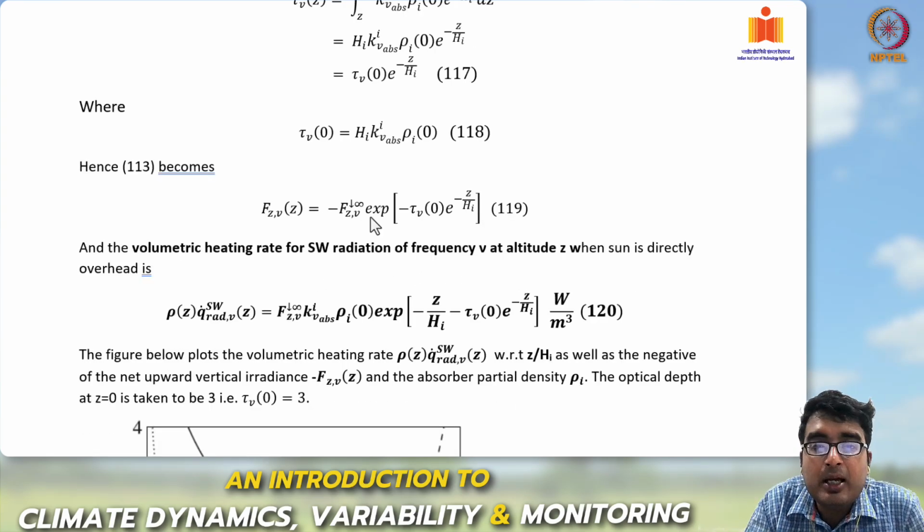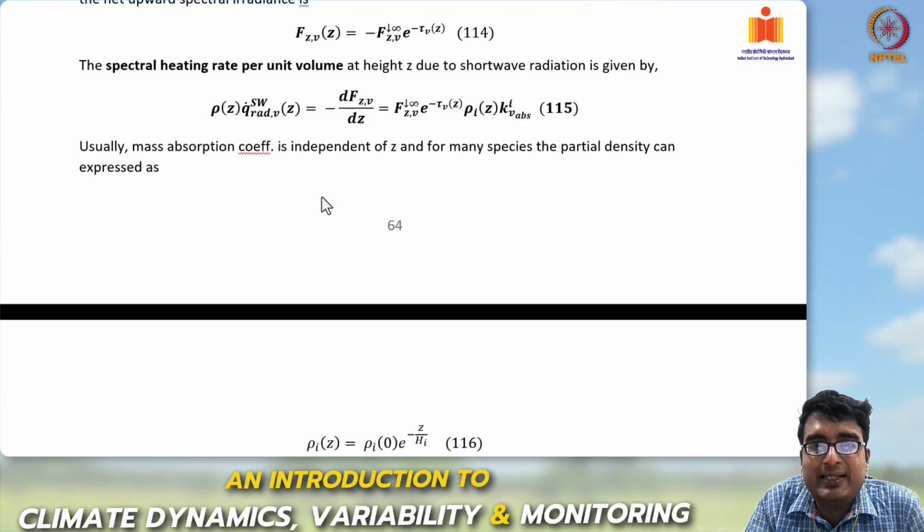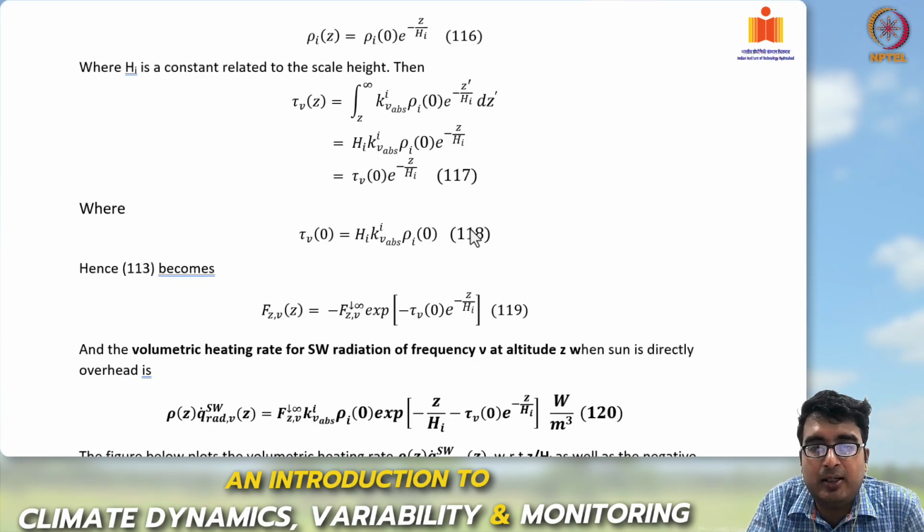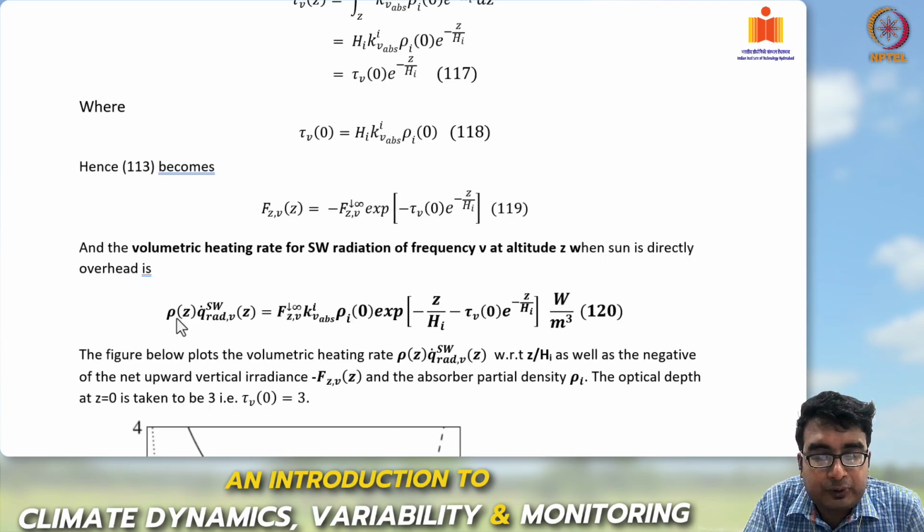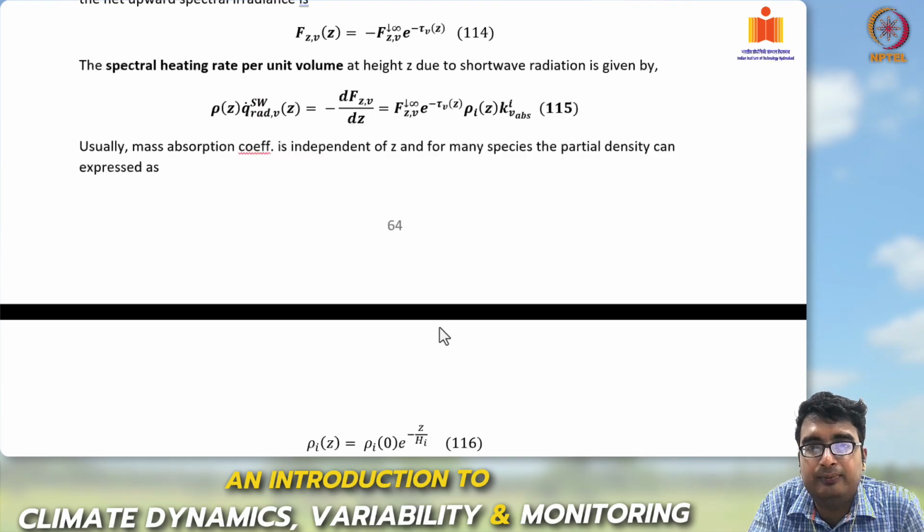Now that we know this expression, we can evaluate d/dz of this expression using this expression here. So rho z, the volumetric heating rate of shortwave radiation, is the radiation flux density at the top of the atmosphere for shortwave radiation, the mass based absorption coefficient, rho_i0 into exponential, this term here. How do we come into this expression?